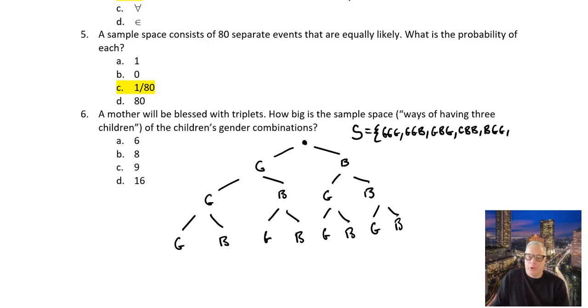Then we have boy, girl, boy. Then we have boy, boy, girl. And lastly we have boy, boy, boy. So we have 1, 2, 3, 4, 5, 6, 7, 8 possible events. So there are 8 ways of having 3 children. And that is 2 raised to the 3.